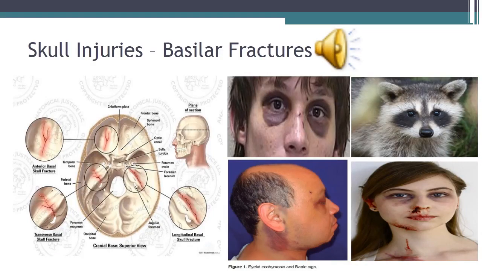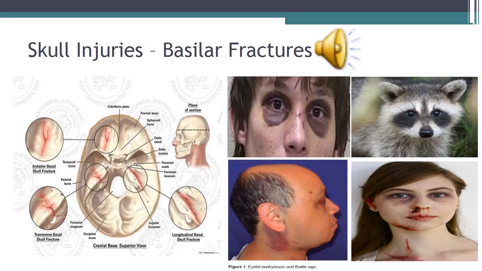Another important type of skull fracture is the basal skull fracture, in which the fracture occurs at the base of the skull, and it has significant clinical importance. These fractures can cause significant complications, so it is very important to know the signs that indicate basilar fractures.